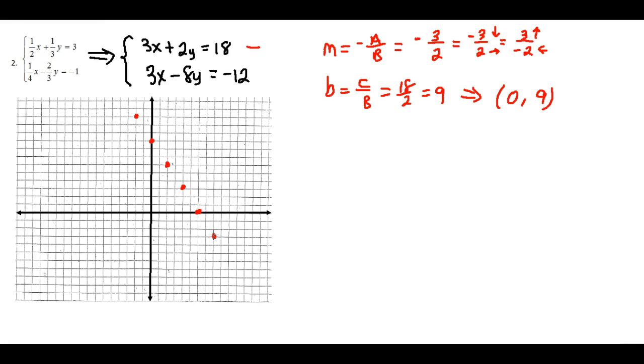So this is what points on that particular line look like, and from that, we get a feel for what the line will actually look like. So we'll go ahead and draw the line now. Okay, so our line looks something like this.